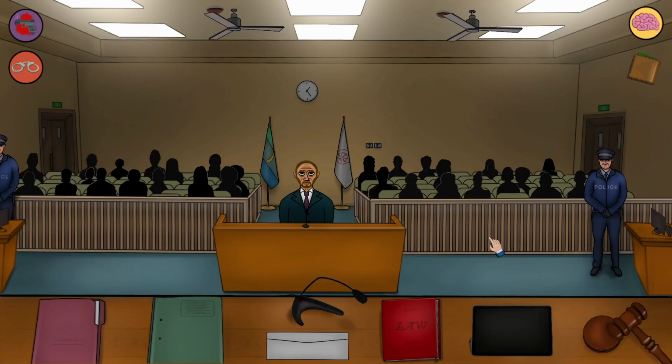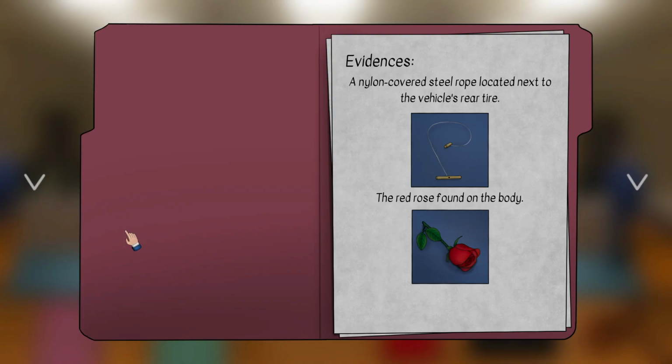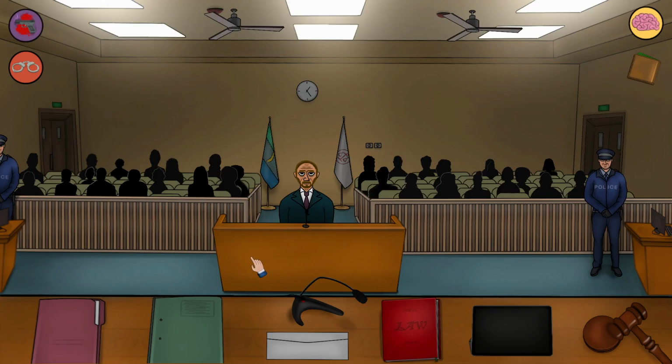Okay, that was easy. Evidence. Ooh. Covered steel rope located next to the victim's real attire. The rose was found on the body. Were there fingerprints? Is that literally it? We gotta know if it's her fingerprints or not. Okay. What's this?